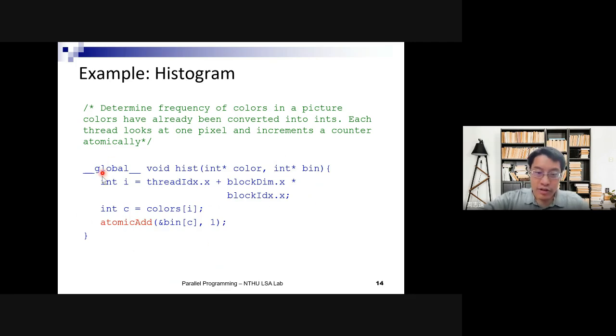This can make our code very clean and correct. However, you can imagine the performance probably will not be too good, because as long as you have a lock, you basically convert the operation into a serialized manner.